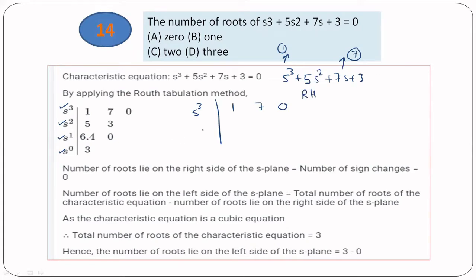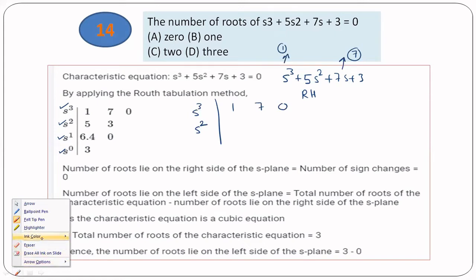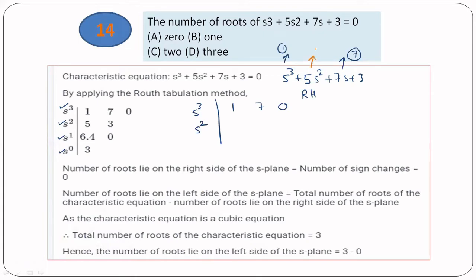Next is s squared. The remaining terms, the even terms, we have to write: that is 5 and 8.